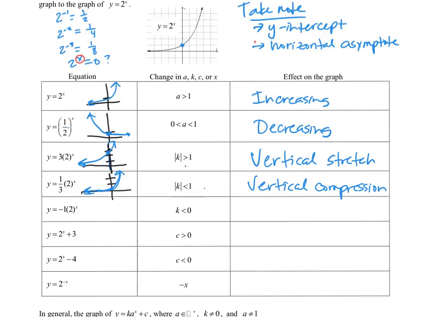That means its y-intercept, instead of +1, is going to be at -1, and the graph will still have the x-axis as a horizontal asymptote on the left, so it'll look something like that. So if k is less than 0, the graph will be a reflection in the x-axis, or another way to state that is that the graph will just flip upside down.